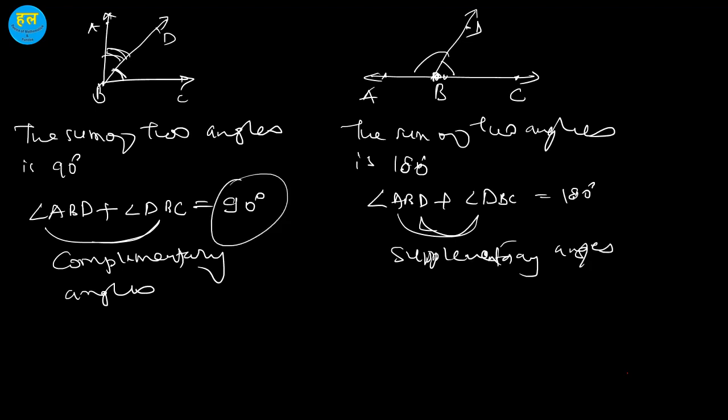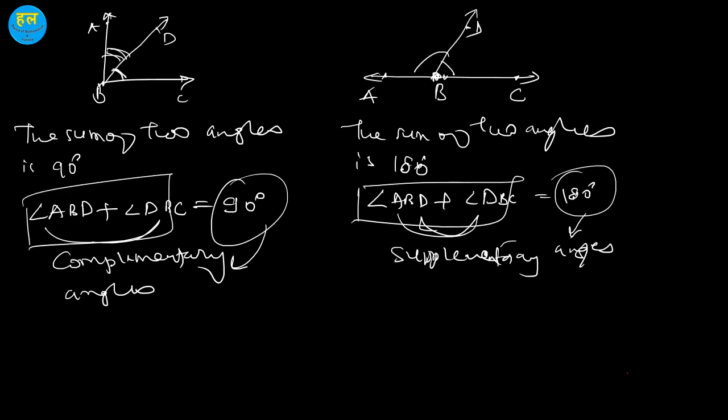When the sum is 90 degree, they are called complementary angles. When the sum is 180 degree, they are called supplementary angles.